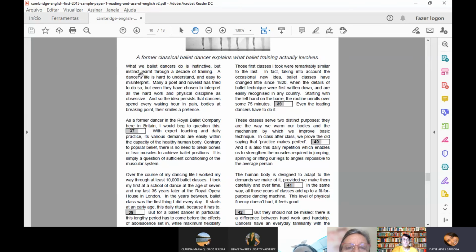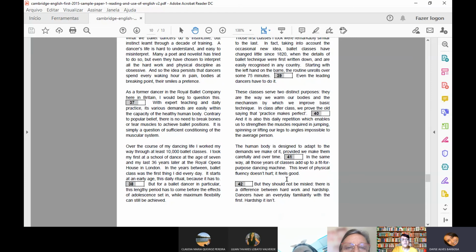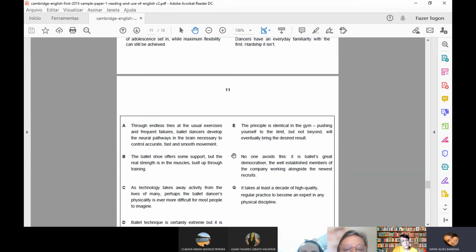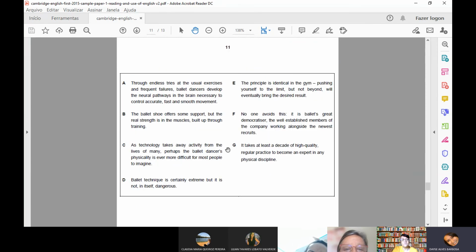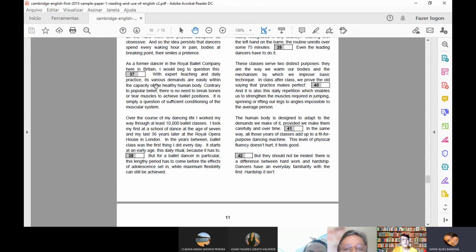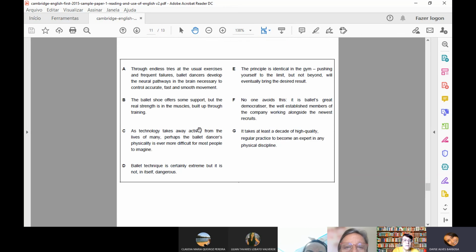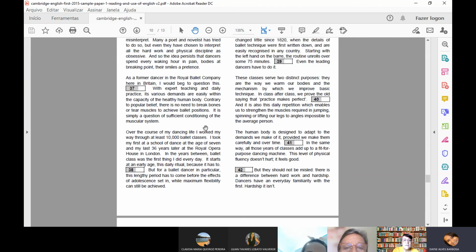So once again, read from beginning to end so you have a better idea of what the text contains. Then you go to each paragraph where you have the gap. Of course, read the alternatives first before you go on to the part where you have the gap, and see what connection it has.